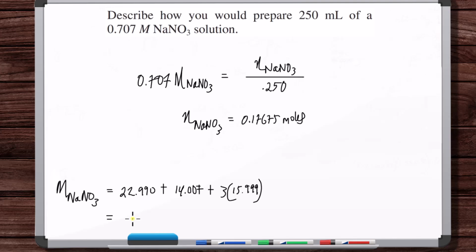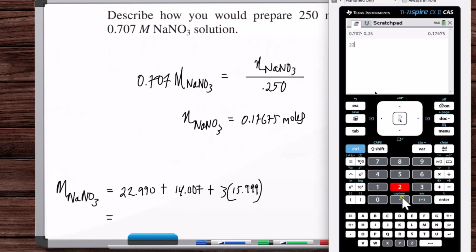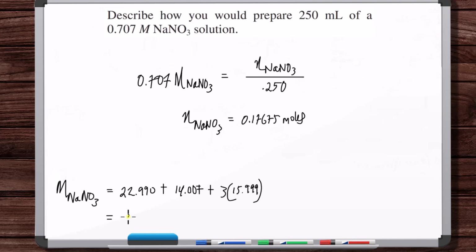Okay, adding all of this up, we got 84.994. That's grams of NaNO3 per mole of NaNO3.